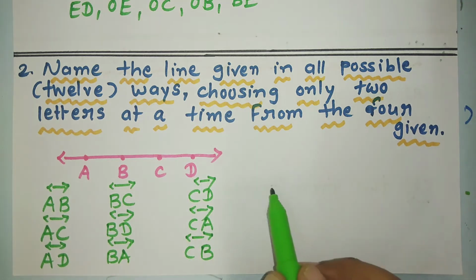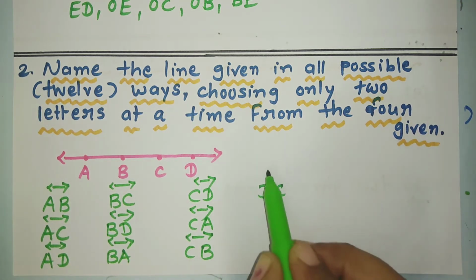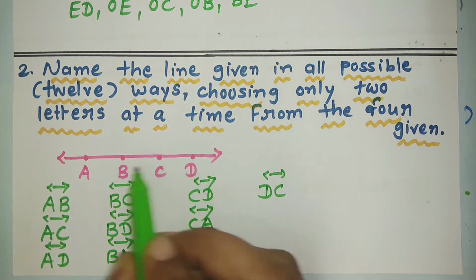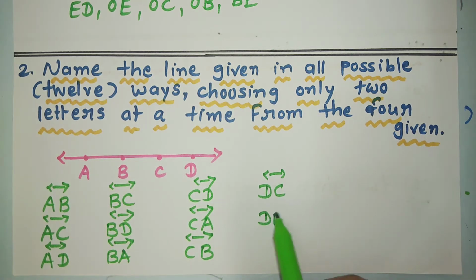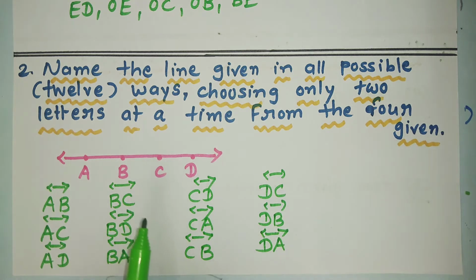Then D point: DC, DB, and the last is DA. So these are the 12 possibilities to write the name of this line.